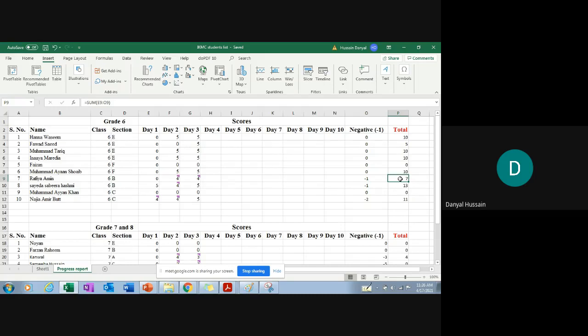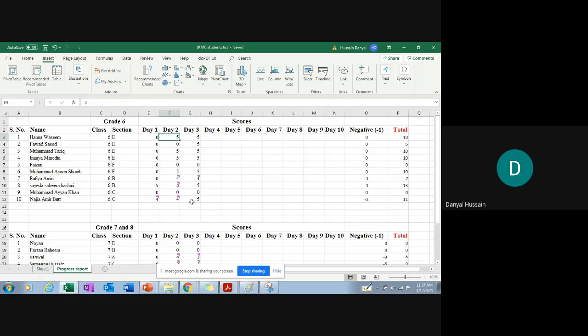Now if we look at the progress of Najia, she is participating from day one. You can see that Hana participated only 2 days, and she got 10 marks because she selected all the correct options.